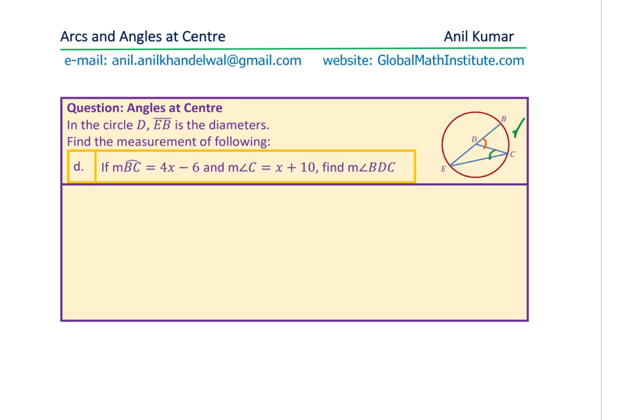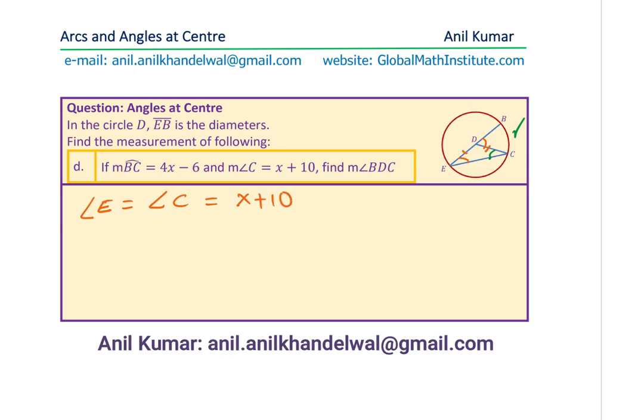From here we know this is an isosceles triangle, so we know that the angle E should be equal to angle C, right? And angle C is given to us as x plus 10. And we also know that angle E is half of the measurement of BC.